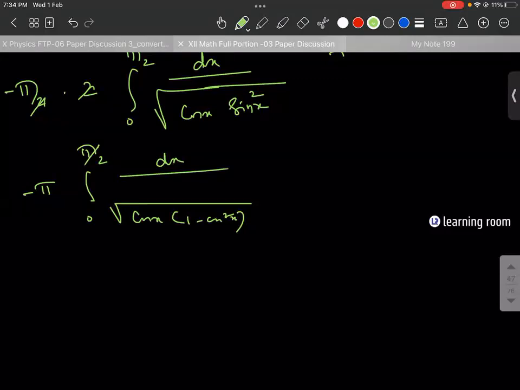Is there anything else we can think of? If I put this as t, square root of t into 1 minus t square, what will happen to the numerator? It will be sin x into dx. It's not working, no?